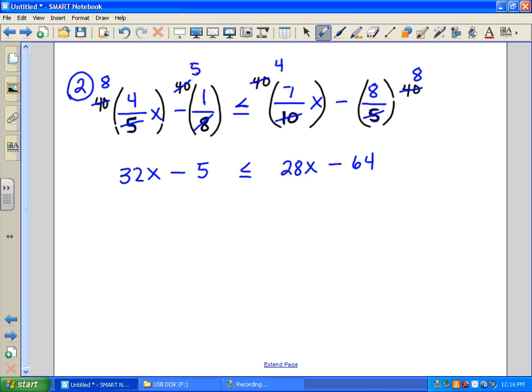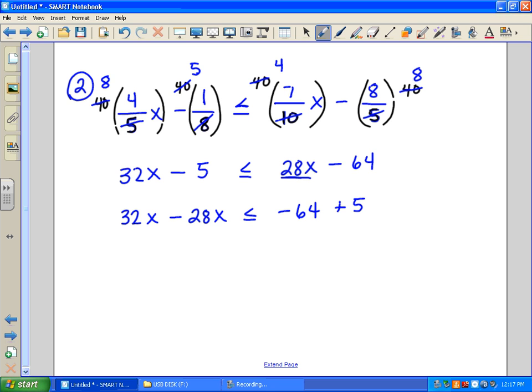So then we solve it just like the other inequalities. Get all the x's to one side. So this negative 28x, or I'm sorry, it's positive, but it's going to be negative when we bring it over. We already have a negative 64, so we're going to bring over negative 5 and make it positive 5.